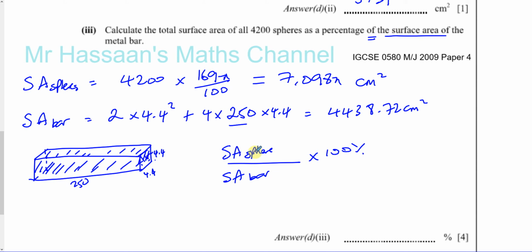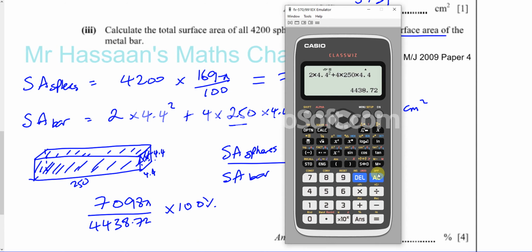So the surface area of the spheres is 7,098 pi, and the surface area of the bar is 4438.72. And to change that into percentage, you multiply by 100%. It looks like it's going to be more than 100%, and that actually makes sense, and I'll explain why in a minute.